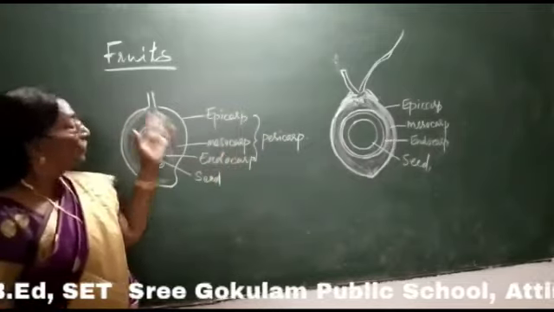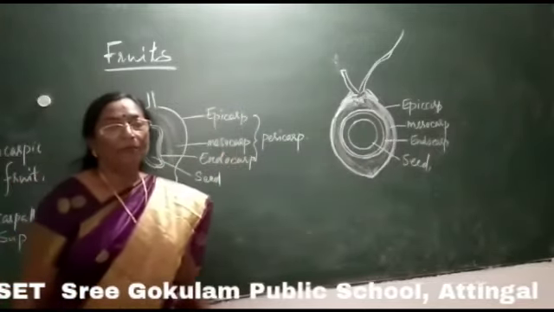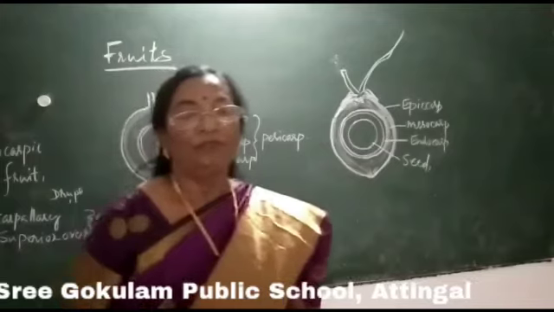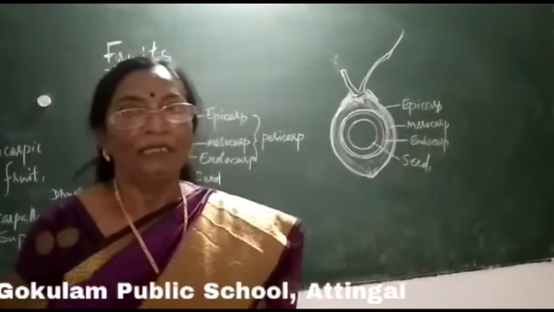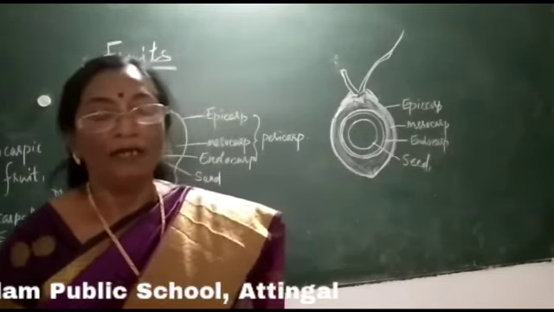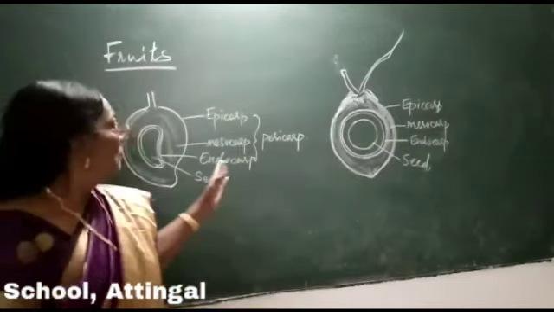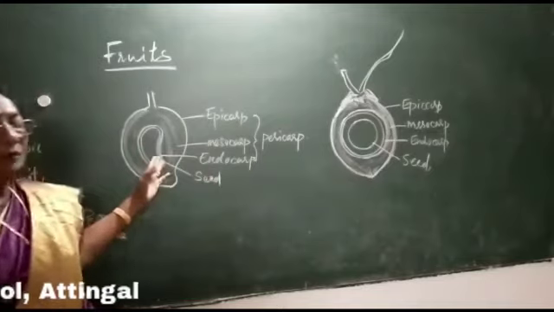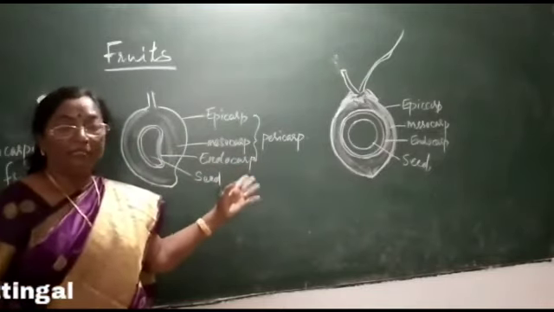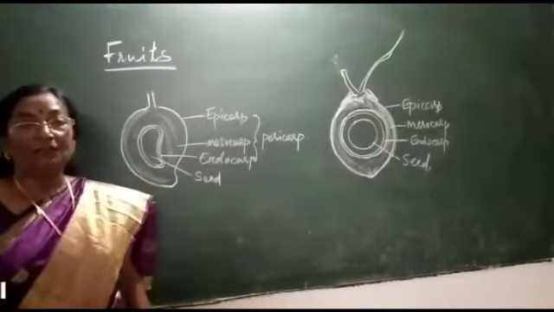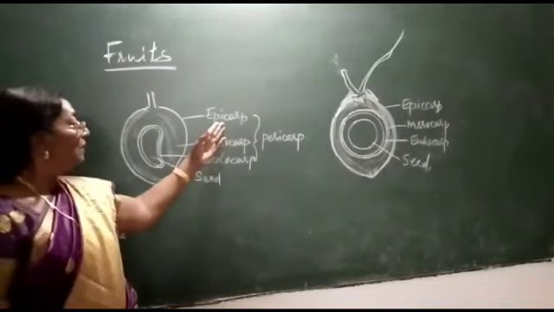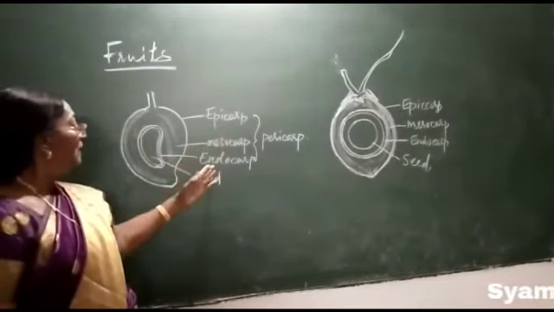Fruits are the ripened ovary after fertilization, and a typical fruit has two parts, that is the pericarp and seed. The pericarp, when it is fleshy, has three different parts, namely epicarp, mesocarp and endocarp.